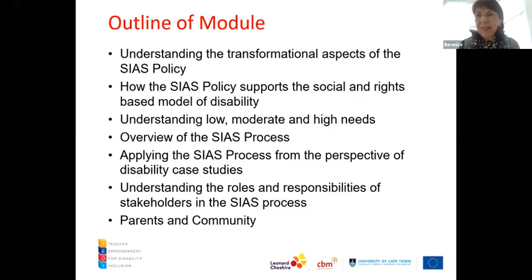So sometimes we say someone needs support, but what level of support do they need? I'll give you an overview of the CIAS process, and then we'll apply the CIAS from the perspective of some case studies, and then understanding the roles and responsibilities of stakeholders in this process, and then talking about parents and community.